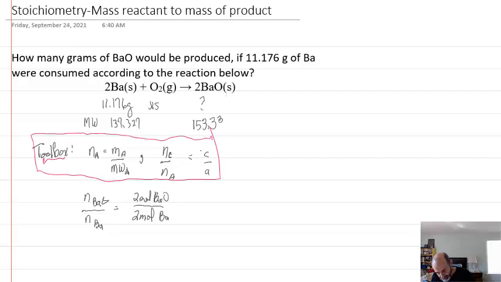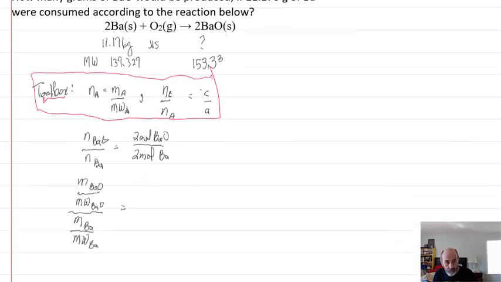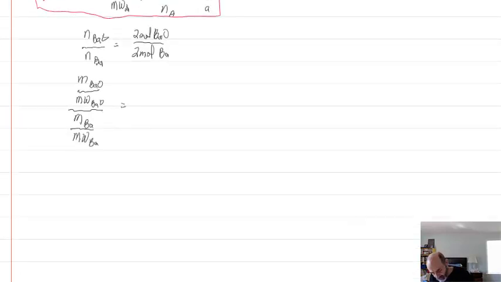So if we want the mass of BaO divided by, from our toolbox, the molecular weight of that compound, that quantity divided by the similar thing for Ba, so the mass of Ba divided by its molecular weight, for this reaction, that's going to be equal to 1 mole of BaO per 1 mole of Ba.